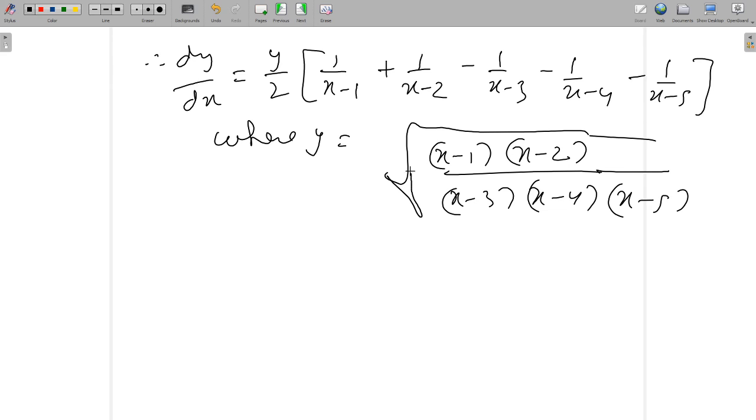There is no need to solve it further. It is complete here. Do not take LCM and all that, that will make it more complicated. So this is the final solution.